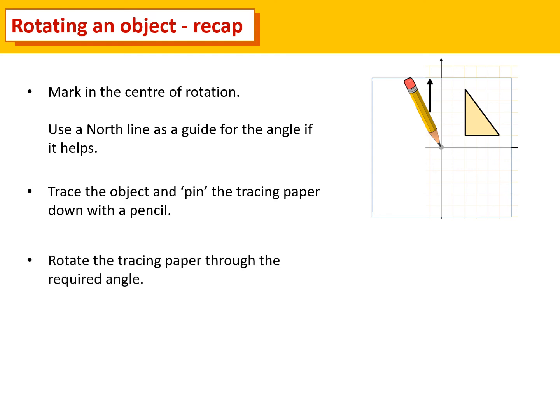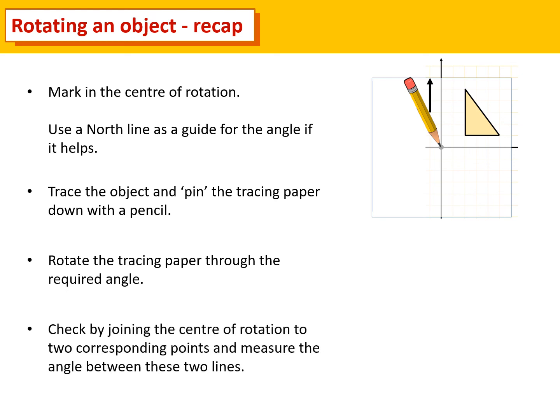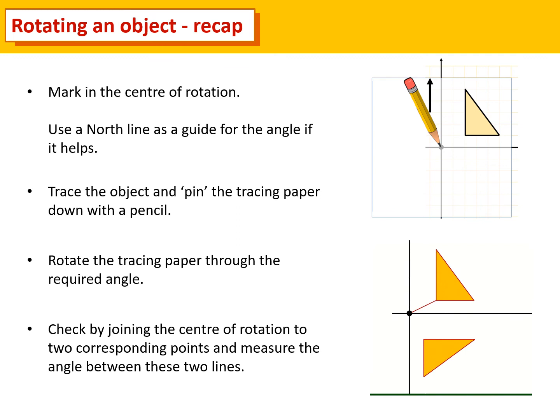Rotate the tracing paper through the required angle, and we can check by joining the center of rotation to two corresponding points and measure the angle between these two lines. So in this example, we have a 90-degree rotation. We've joined up two corresponding points to the center of rotation, and we can measure that angle as 90 degrees.